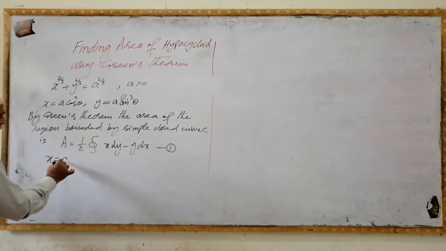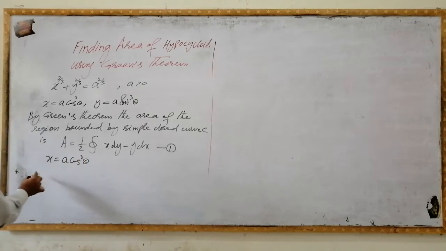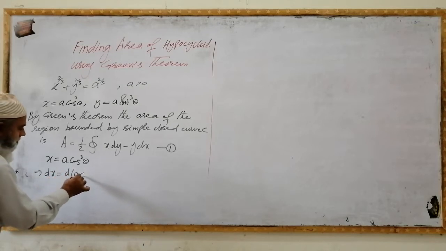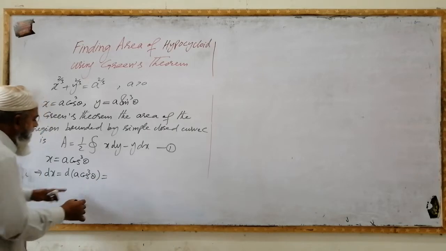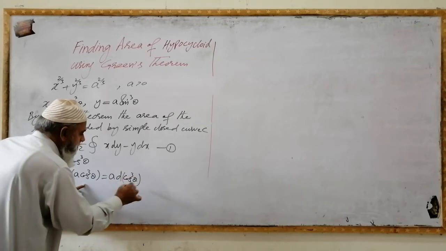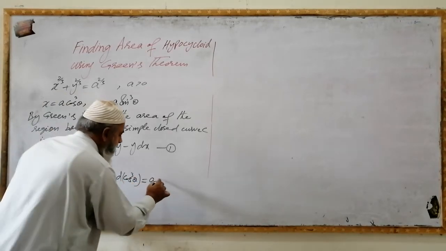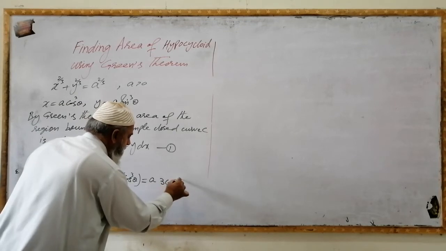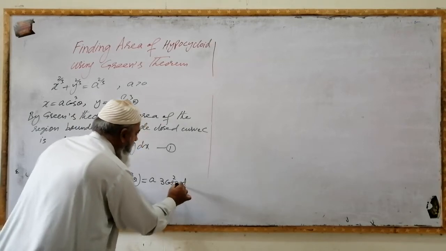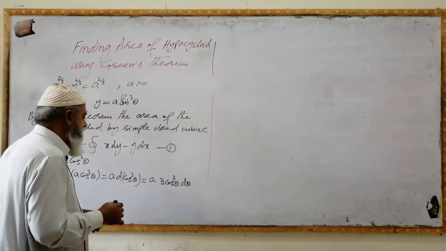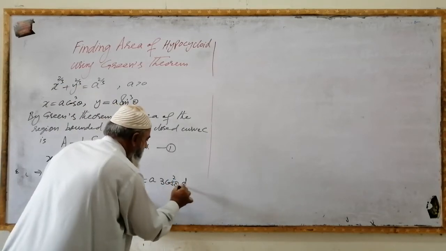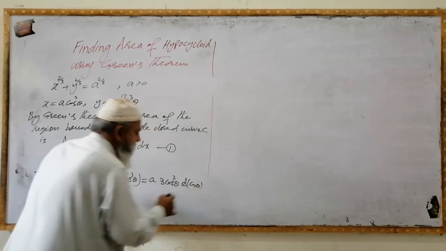X is equal to a cos cube theta, and from here differential dx will be differential of a cos cube theta. A is constant, this will be differential of cos cube theta, and this will give you 3 cos square theta and differential of cos theta.